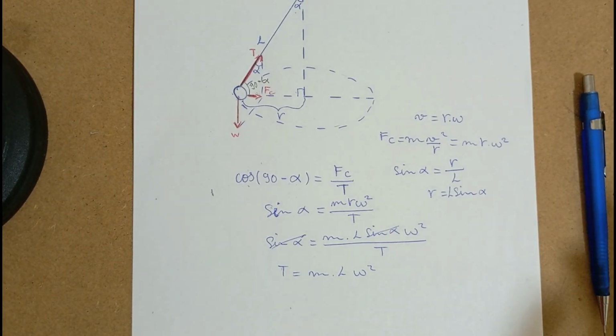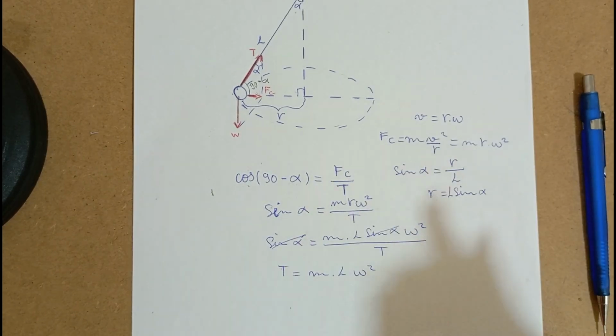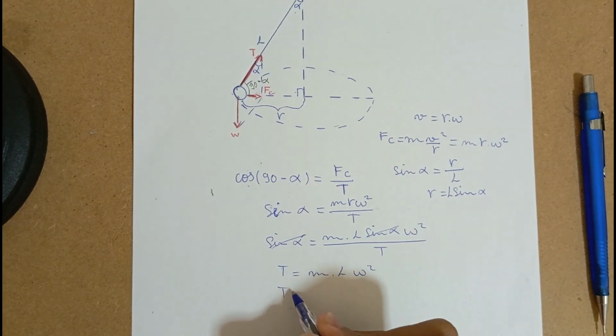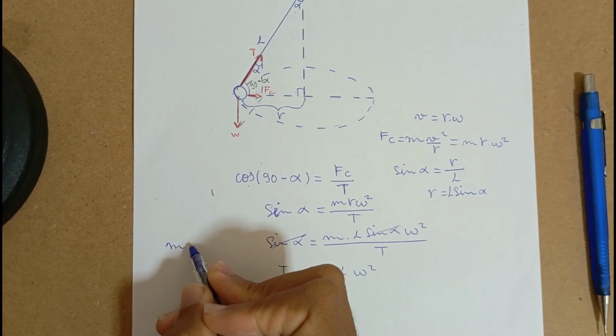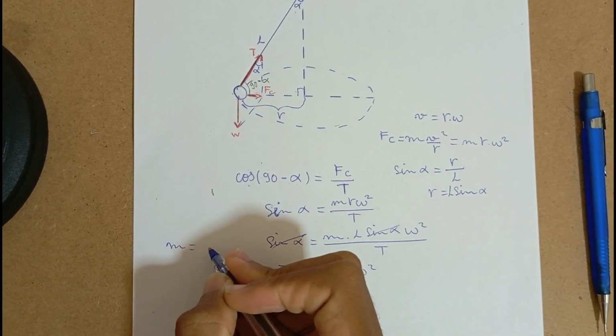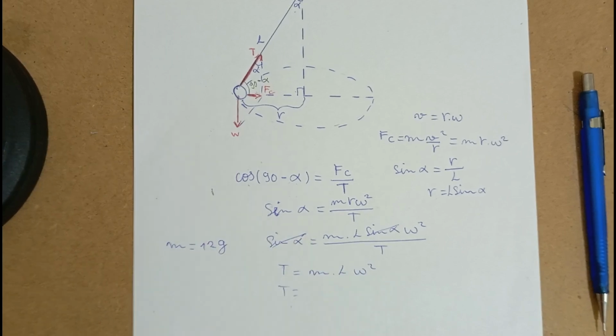Remember, we have the mass, we have the length, and we have the angular velocity. The mass is this mass, 12 grams. We need to change it to kilograms.